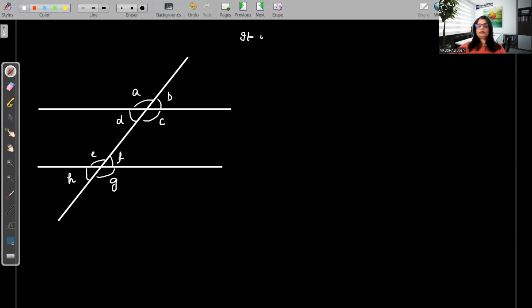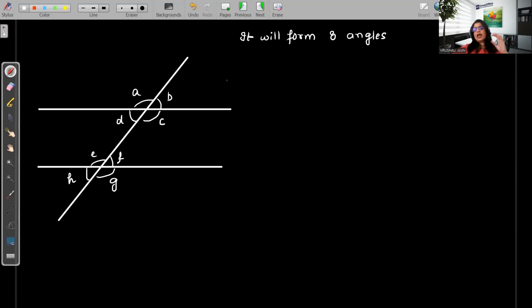It will form 8 angles. Can you see this? How many angles does it form? It has formed 8 angles. Correct?